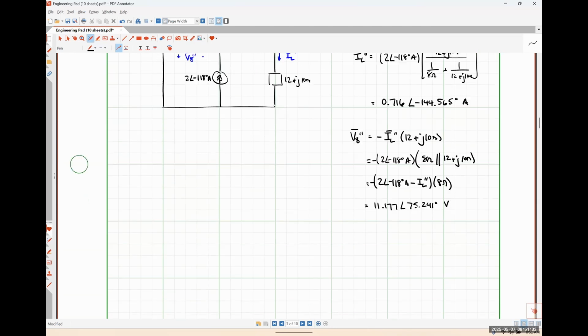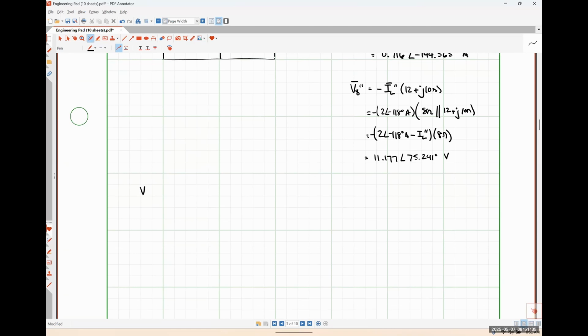Okay, so we could say that V8 by itself is just V8 prime plus V8 double prime. For me, because I stored stuff in my calculator, that's literally just going to be the answer I have stored as A plus the answer I have stored as C. So that would look like 12.465 with an angle of 55.259 degrees volts.